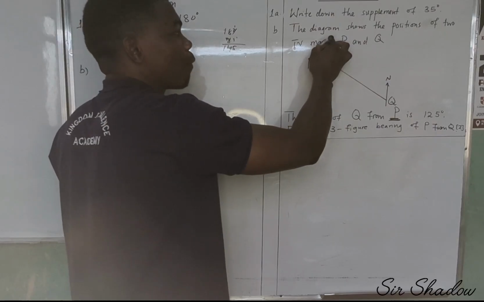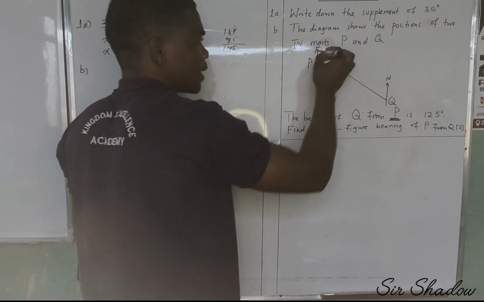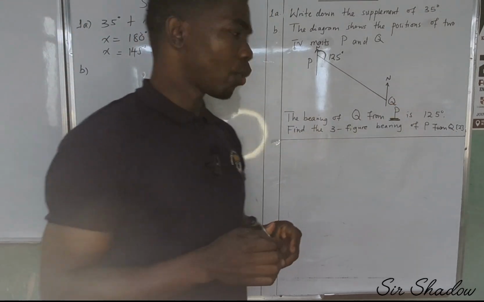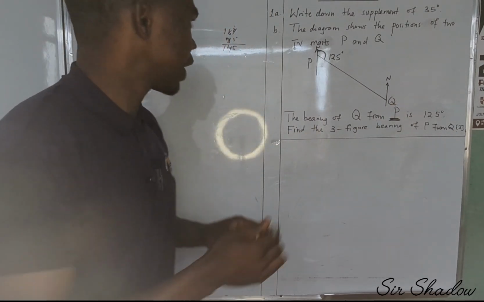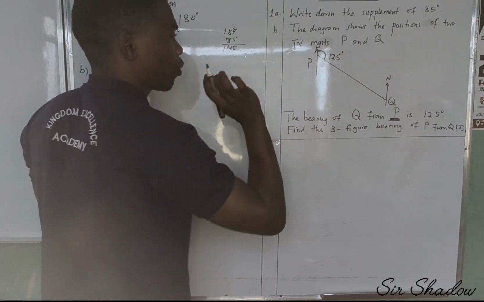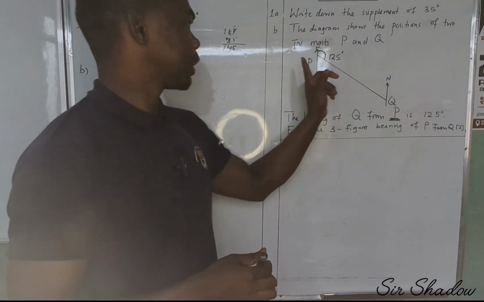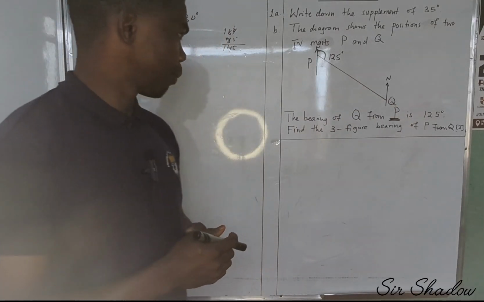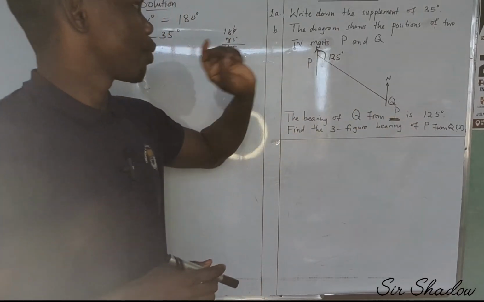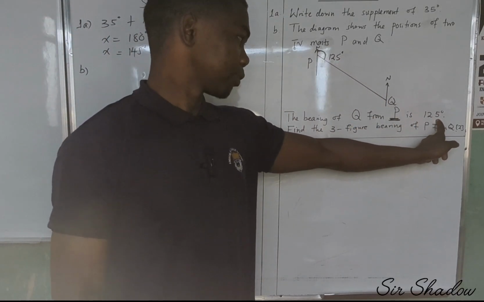Then we move in a clockwise motion until we meet the line that goes to Q. Once we meet this line, the angle indicated is 125 degrees.